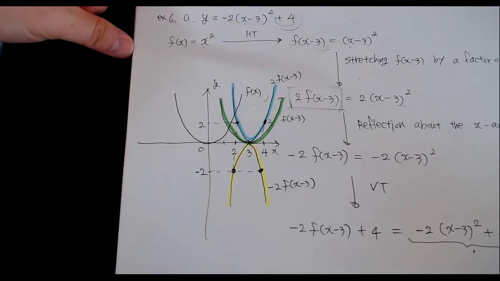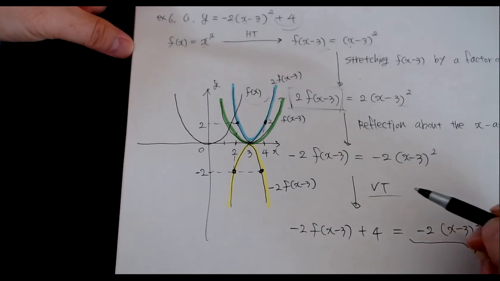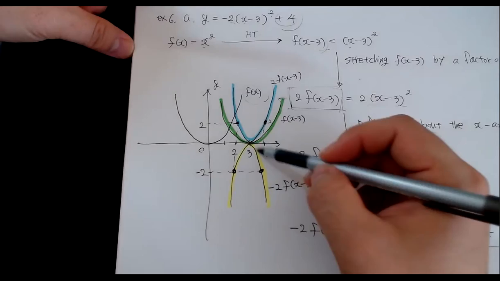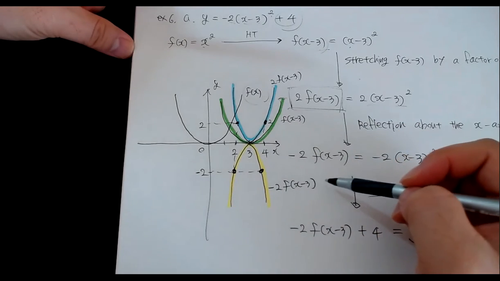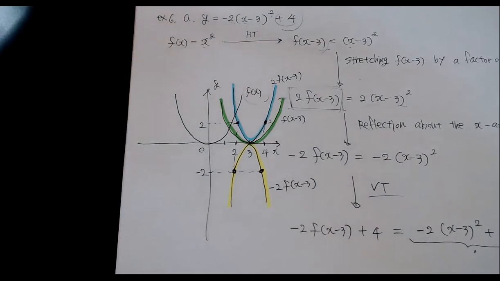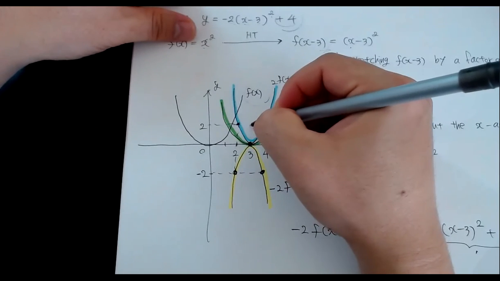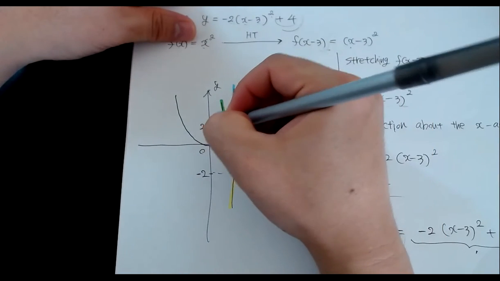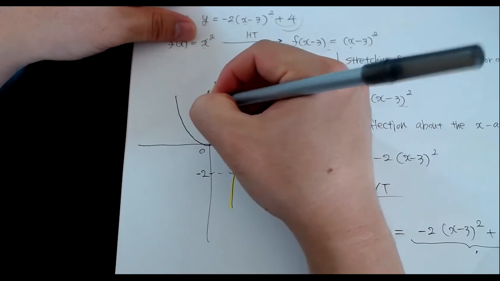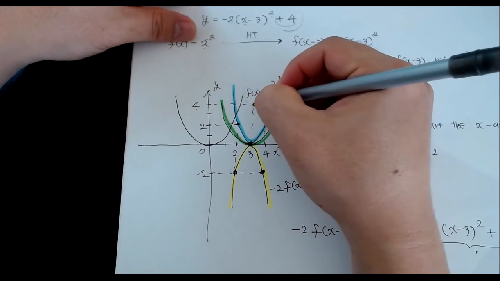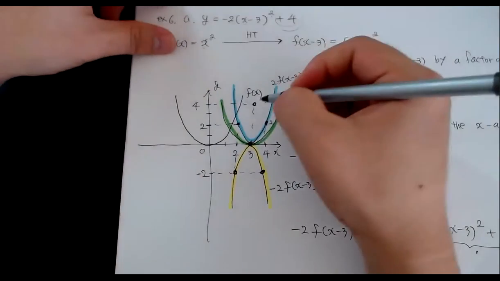Okay, and then we do a vertical translation, or shift the graph of negative 2 times f of x minus 3 upward 4 units. So that point moves upward 4 units, right? 1, 2, 3, 4.